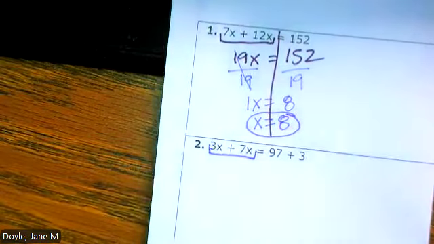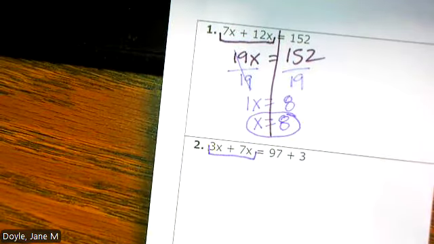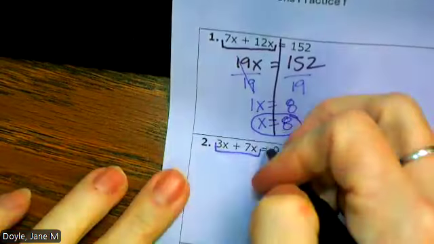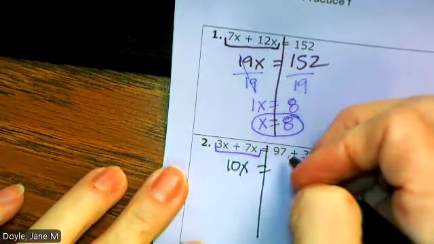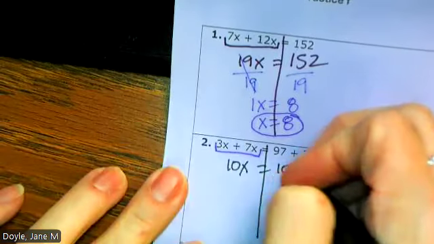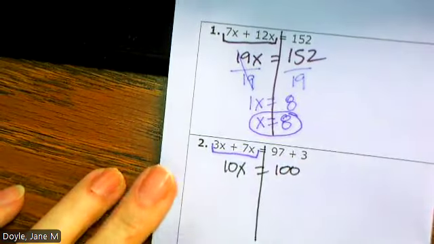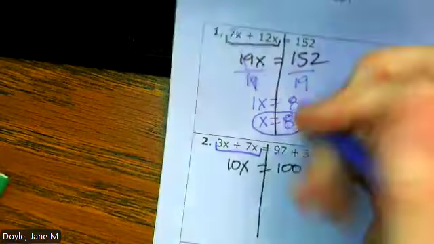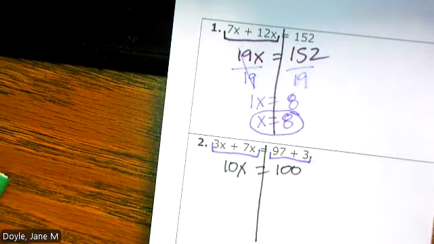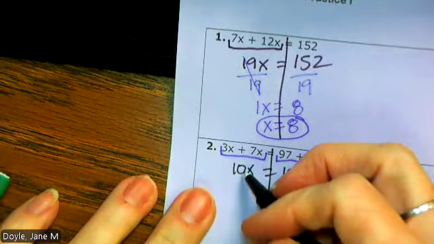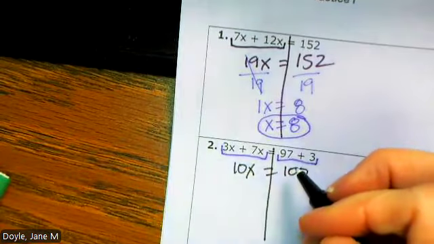Okay, and 3x plus 7x is equal to 10x, and 97 plus 3 is equal to 100. Okay. And note 97 and 3 are also like terms. Numbers are like terms with numbers.